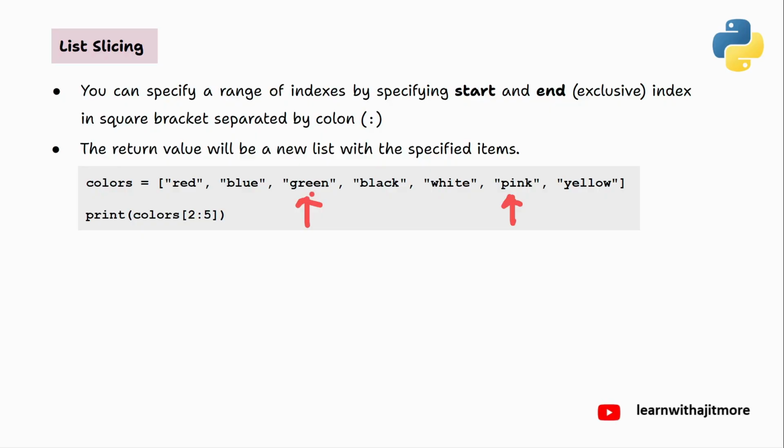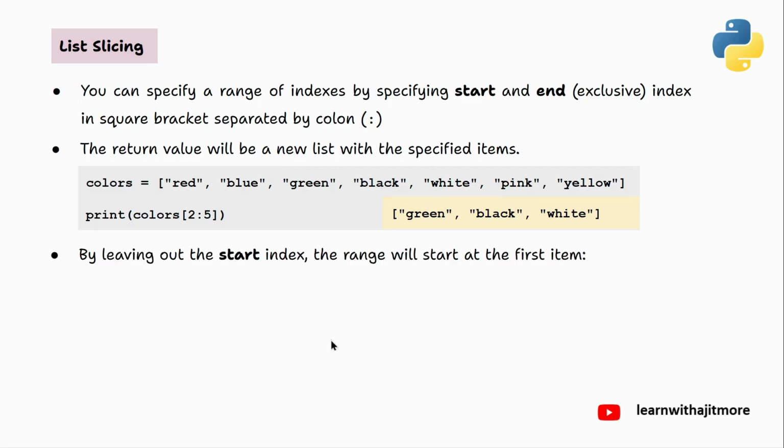So 2 से लेके 5 के पहले तक जितने भी elements हैं उसका एक list create करेगा and it will return the copy list. ठीक है? See, is it starting from 2, 0, 1, 2, 3, 4, 5 exclusive, so green, black, white.